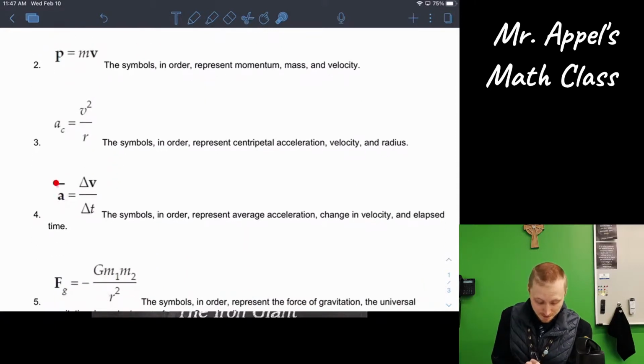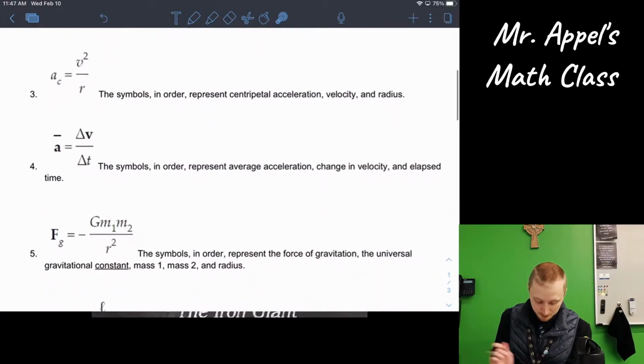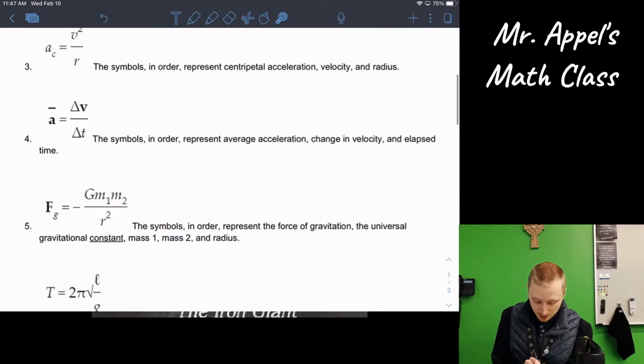We've got average acceleration equals change in velocity over elapsed time. And force of gravitation equals the universal gravitational constant. I've underlined that for a reason. Big G here is a constant times mass 1 times mass 2 divided by radius squared.